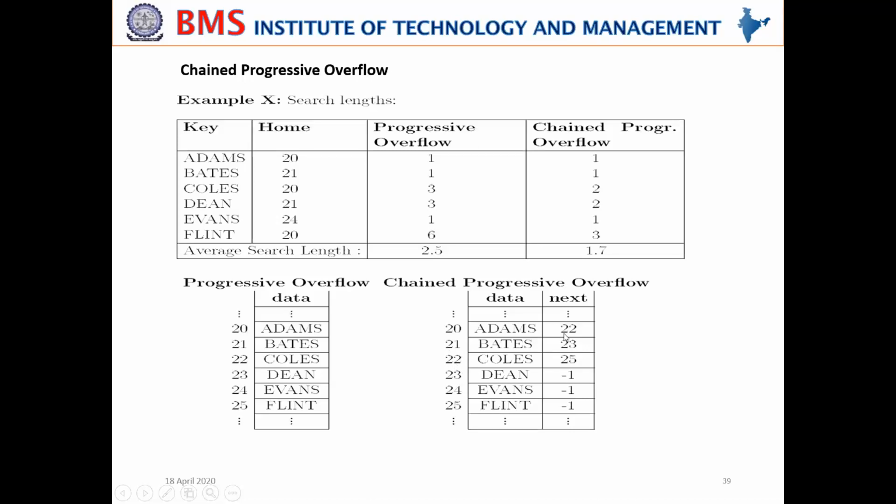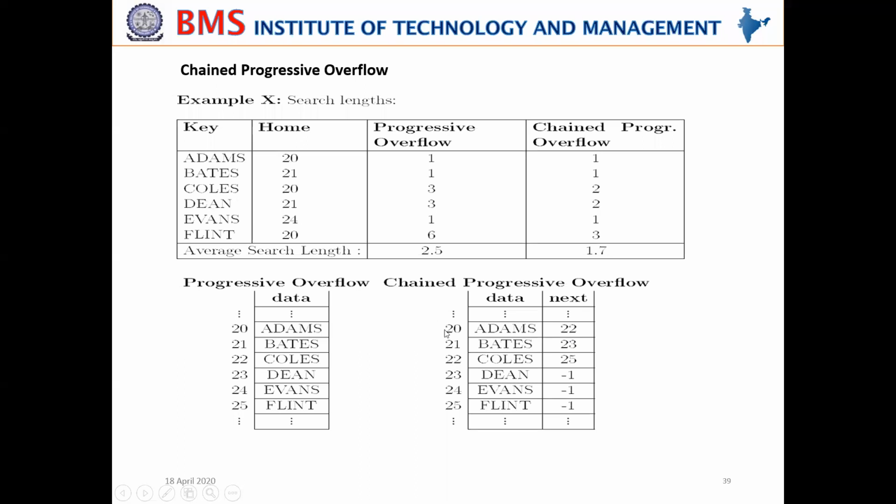I need to put it here at 22 because 20 was the home address generated by both Adams and Coles. Since Adams is already stored at its home address and 20 is also Coles's, the 22 is giving the pointer position where the next record of the same home address is stored. See, 22. Coles is there.